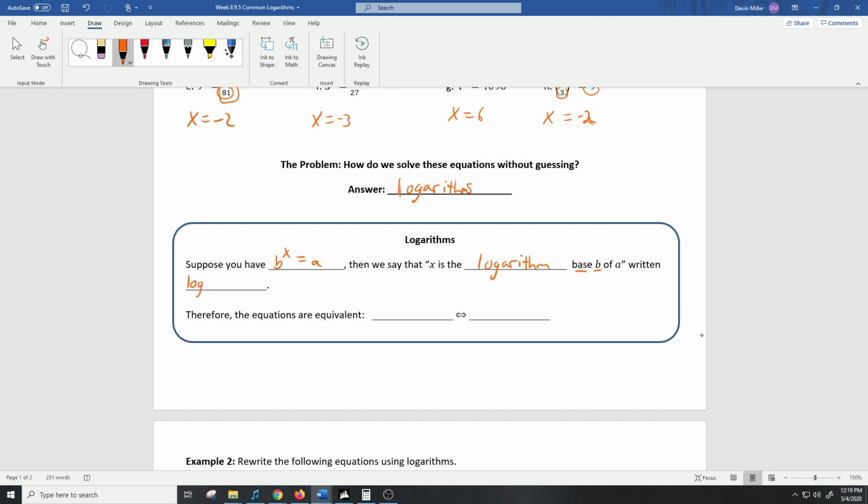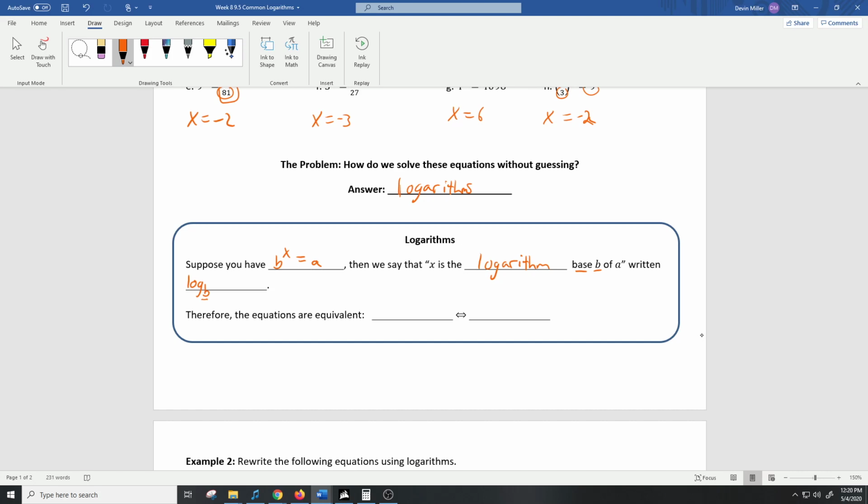We shorten it and just write log. Base B means it's called a subscript, which means it's a little lower than where the log is. You put it lower like this. It's on its own level.